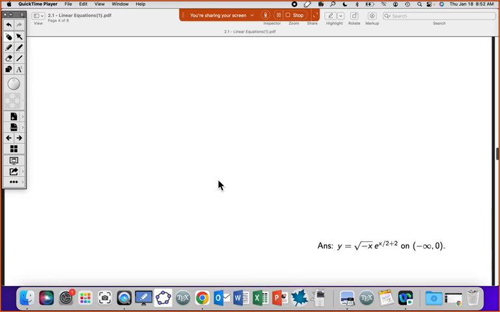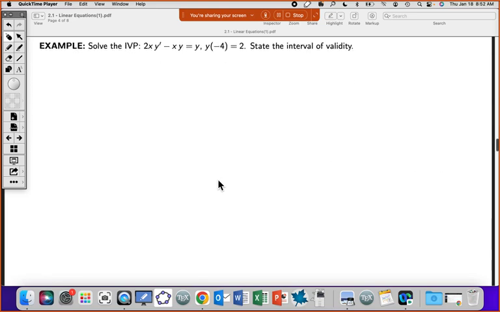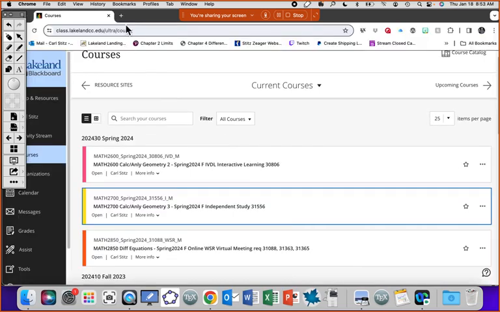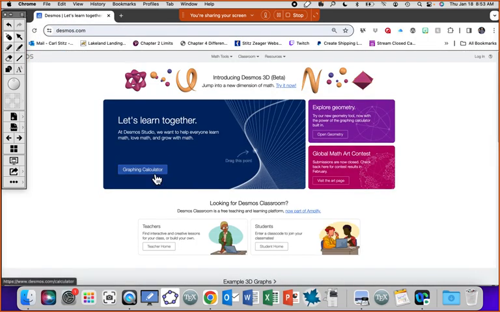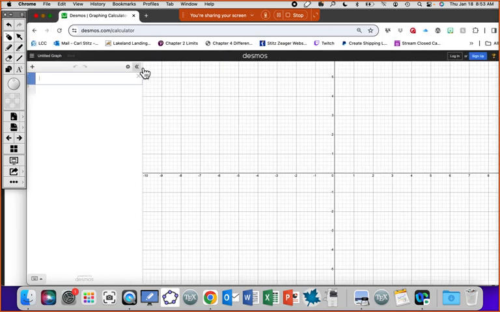Now once again, just to show you, you can check this on Desmos. You fire up Desmos. You enter your function as a function of x. So call it f of x. And we had the square root of minus x, e to the 1/2 x plus 2. We can check the initial condition.